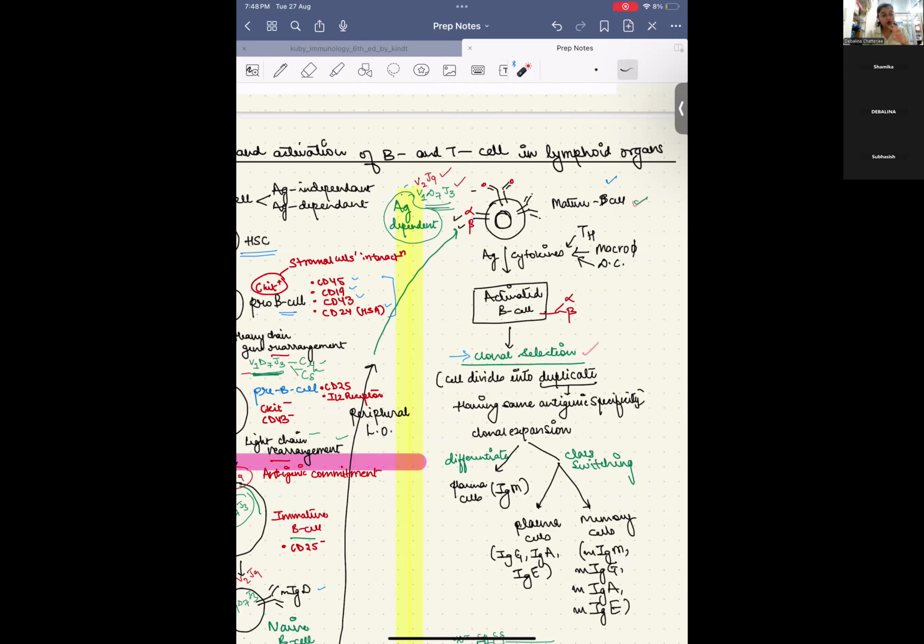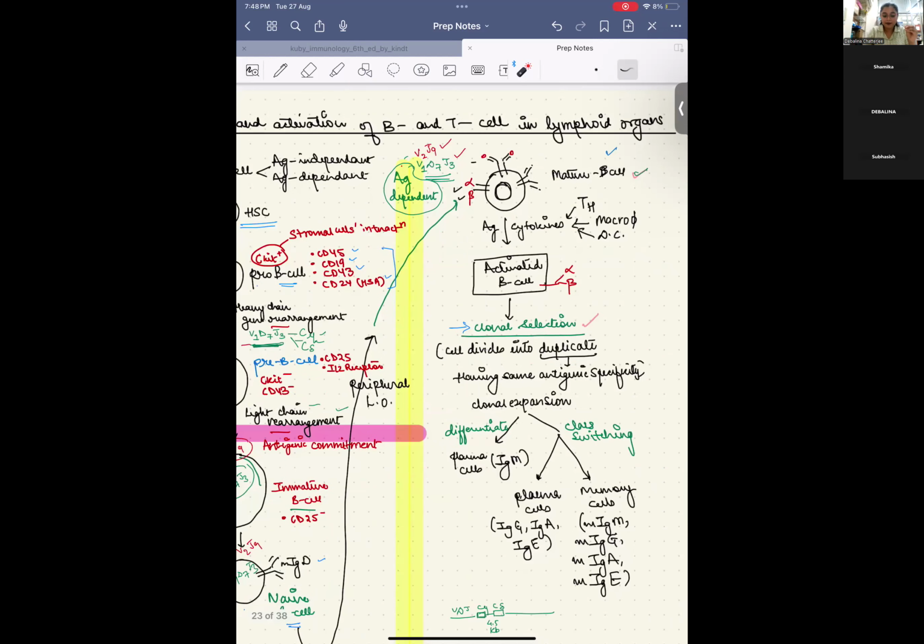So the number of cells, अगर मेरे पास पहले ये cell 100 present थे, within no time I will see that I have thousands of cells of this particular same type. ऐसा भी हो सकता है ना कि आपके पास जो lymph node है उसमें 10 सेल्स थे इस टाइप के, ठीक है, कुछ बाकी के 10 सेल्स बॉडी में कहीं और सर्वेलेंस में प्रेजेंट थे.